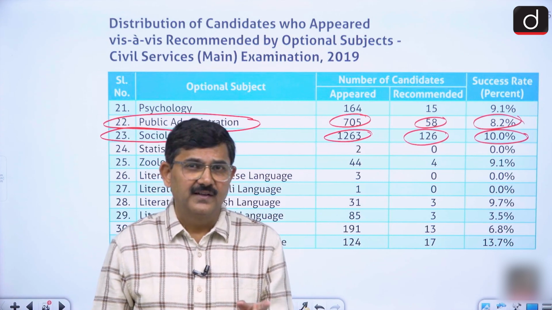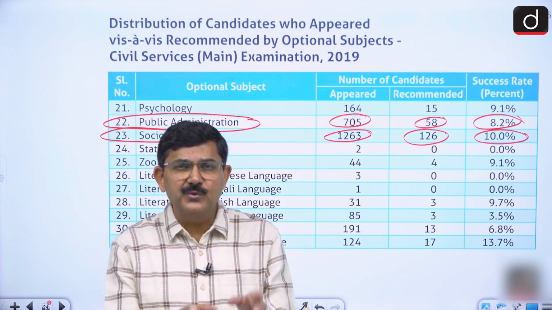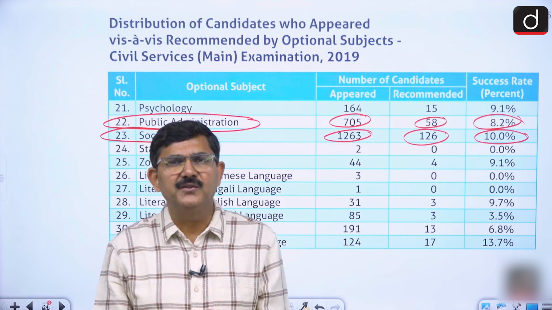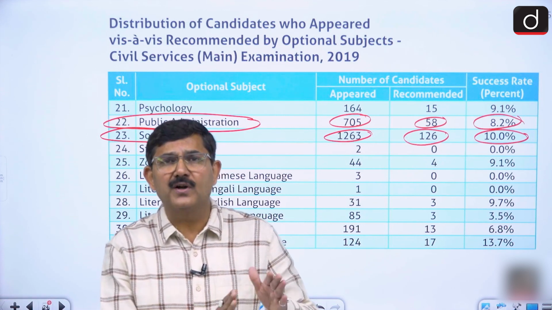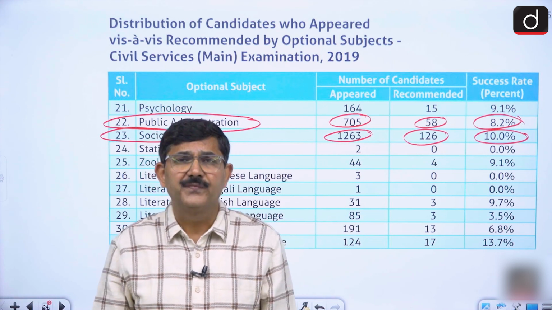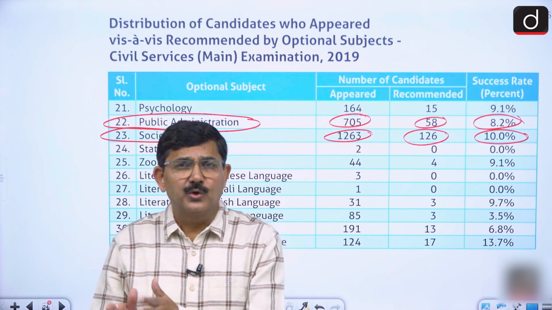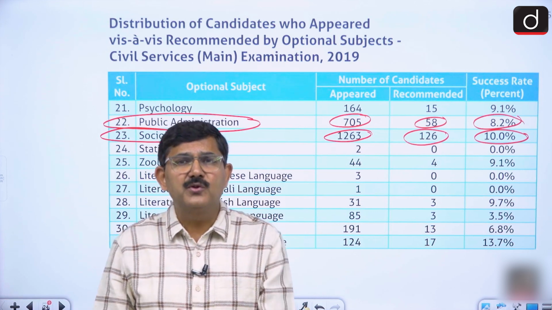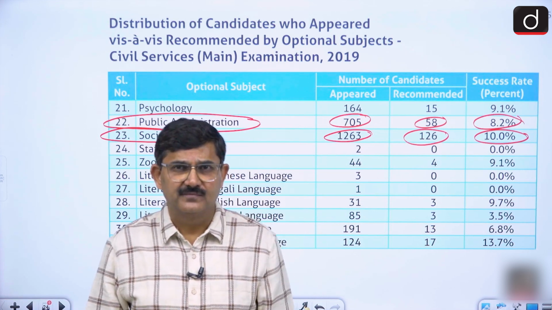Whenever you take any topic, you just go through it and you find that on the one hand you are able to understand. On the other hand, when you take the questions, you find equally you are able to understand the questions as well.